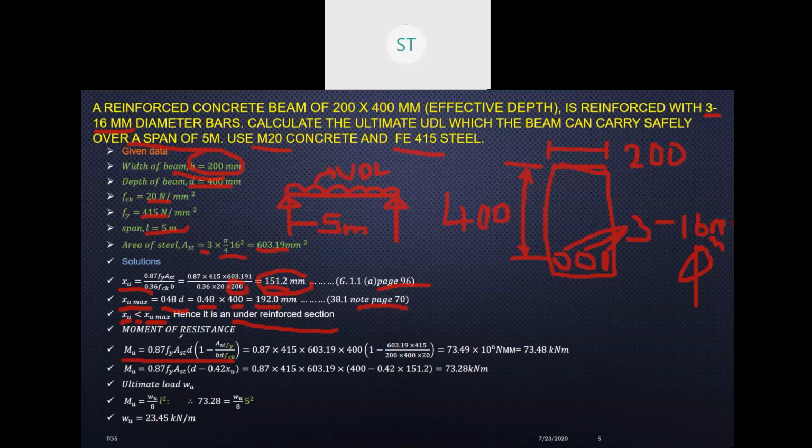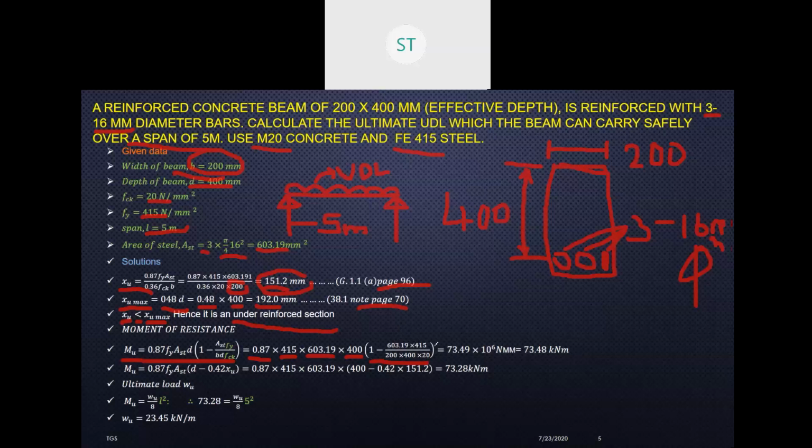Then substitute the values of fy, Ast, and all the others here. 0.87 into fy is 415, Ast is 603.19, effective depth is 400, then 1 minus Ast fy divided by b d fck.